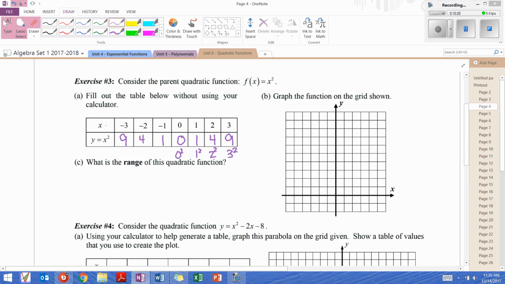So if we head over here and plot these points, I like to start with my vertex. I can see that it's my vertex because do you see how these points are all connected? The 1s match up, the 4s match up, the 9s all match up. I like to plot my vertex first. I don't know, it's just a thing I like to do. You don't have to do it that way, but I think it helps to plot my points because sometimes when I don't do that, they get out of line.